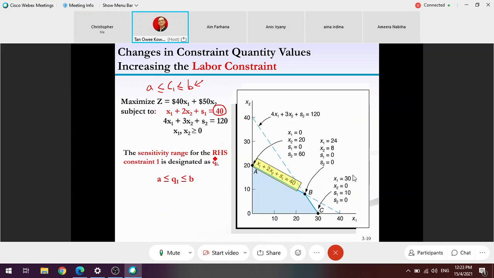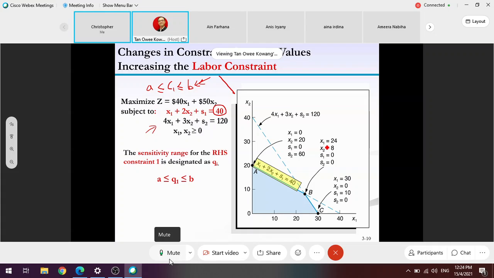In the objective function, if the selling price changes, the gradient changes. How about in a constraint? If the right-hand side value changes, what will be changing? The intercept value. Yes, exactly.